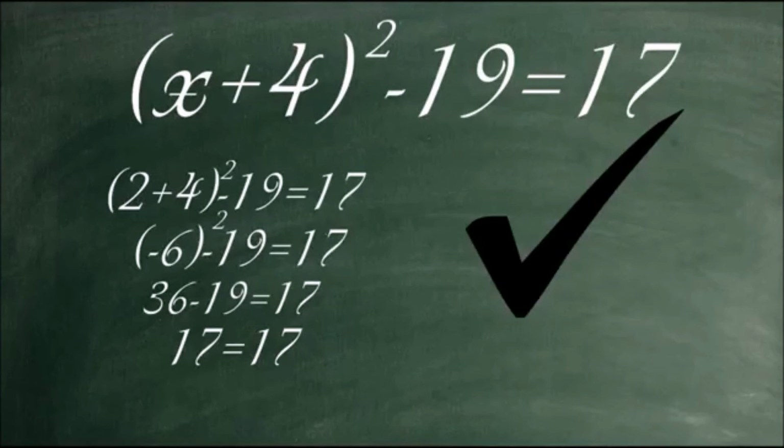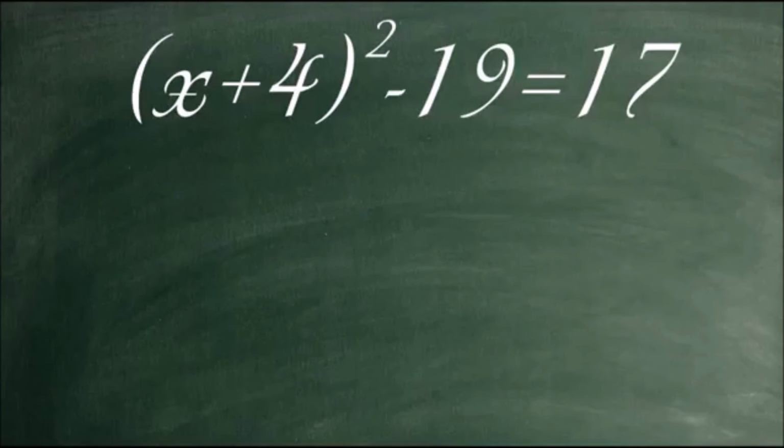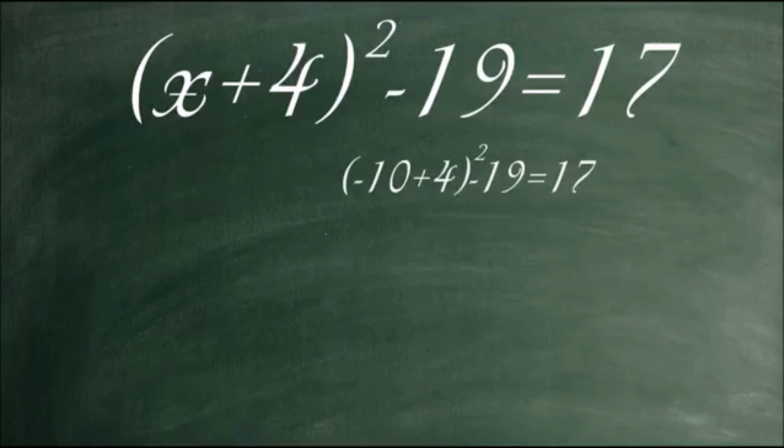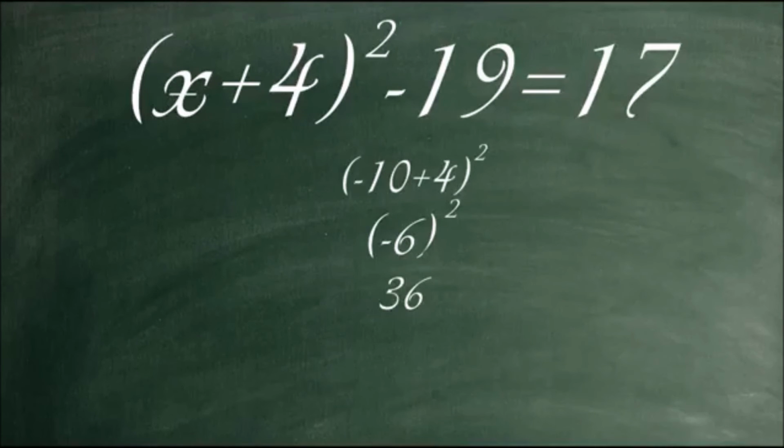If x is equal to negative 10, quantity x plus 4 squared minus 19 equals 17 is going to be quantity negative 10 plus 4 squared minus 19 equals 17. Negative 10 plus 4 will be negative 6 squared. Then the squared value of 6 is 36.